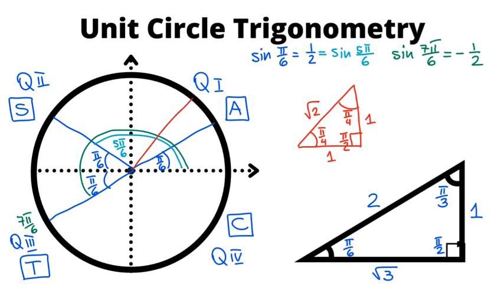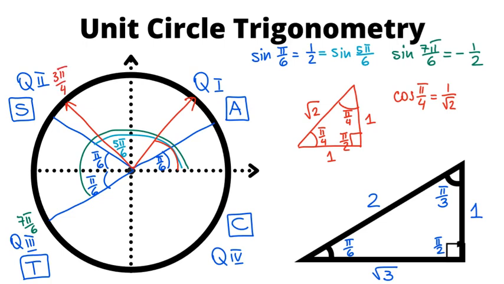So if you have your 45-degree angle in your quadrant 1, and you translate it, for example, here, and you want to determine cosine of pi over 4. Cosine of pi over 4 will be 1 over square root of 2. And this angle in the second quadrant will be 1, 2, 3 pi over 4.